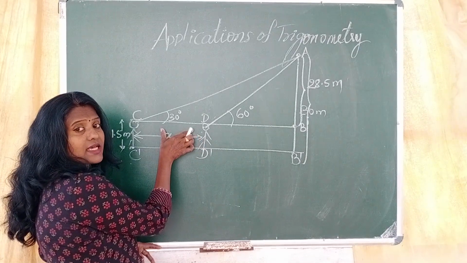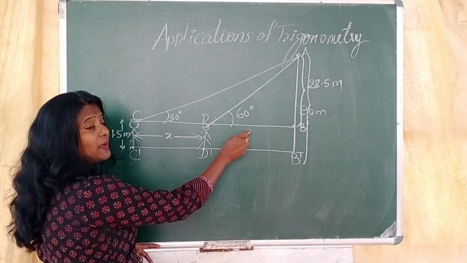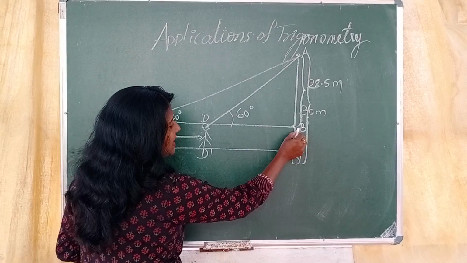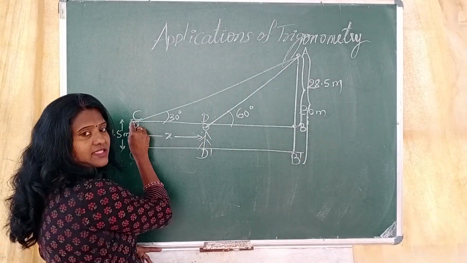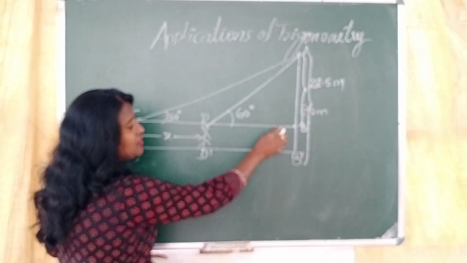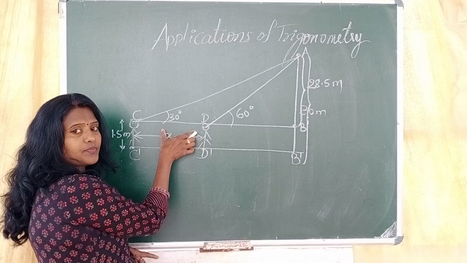But CD can be calculated with the help of two bases of the triangle. That is BC minus BD. See, BC is the base of the bigger triangle and BD is the base of the smaller triangle. If you subtract these two bases, you will get CD. Is it not?